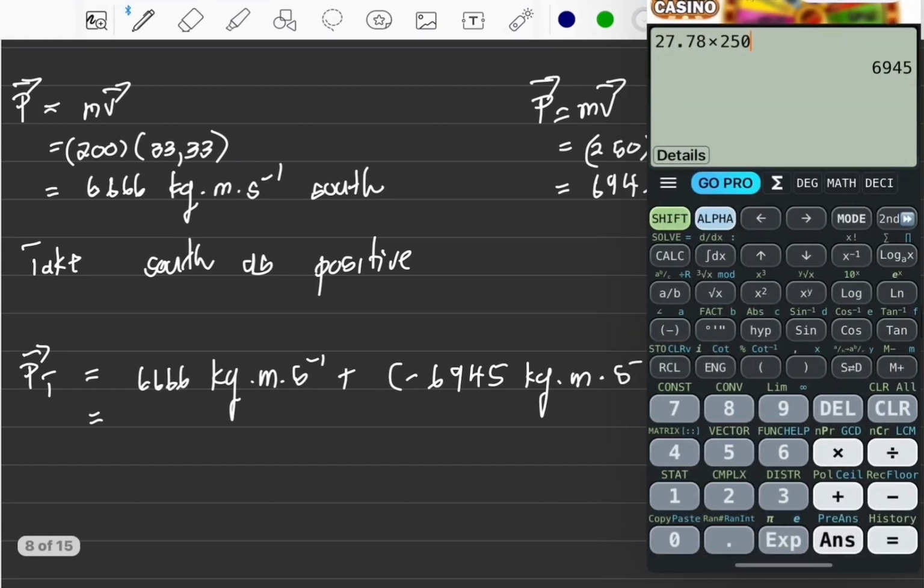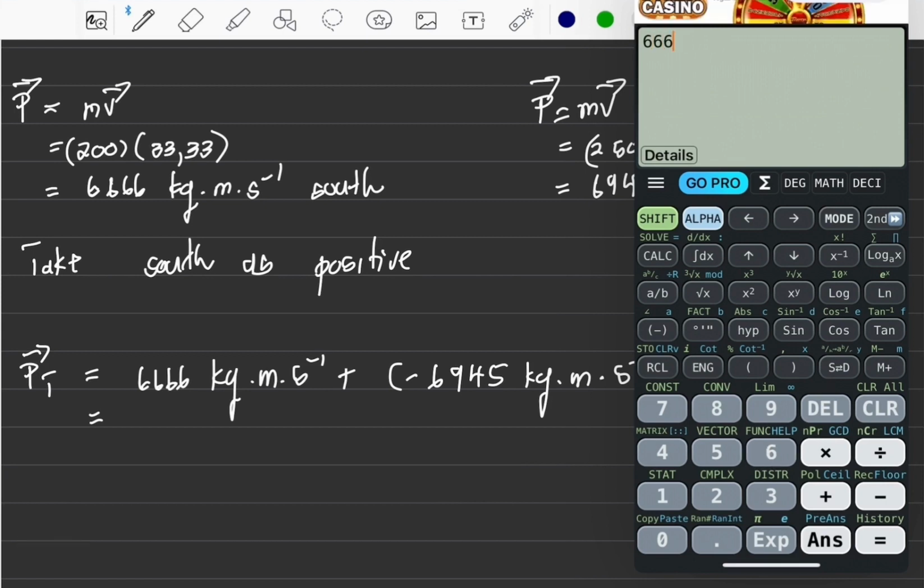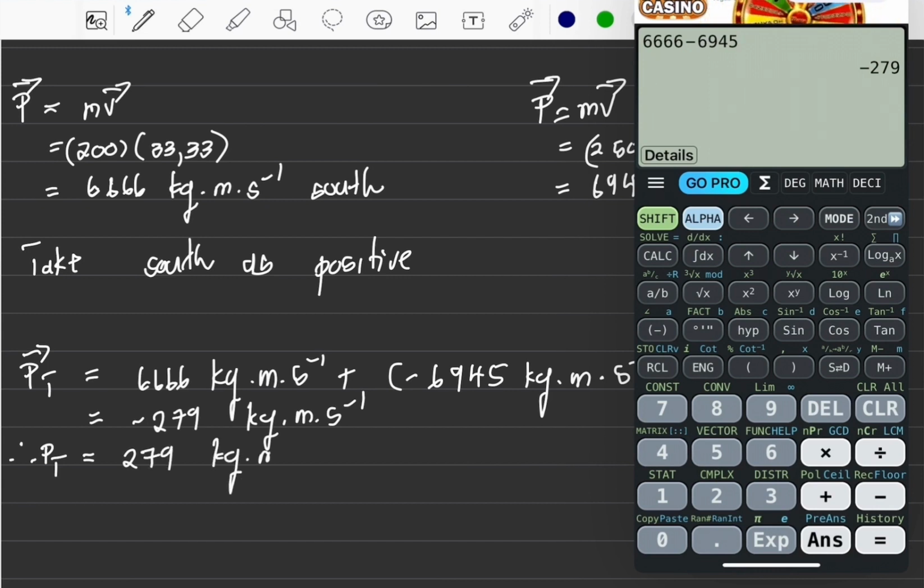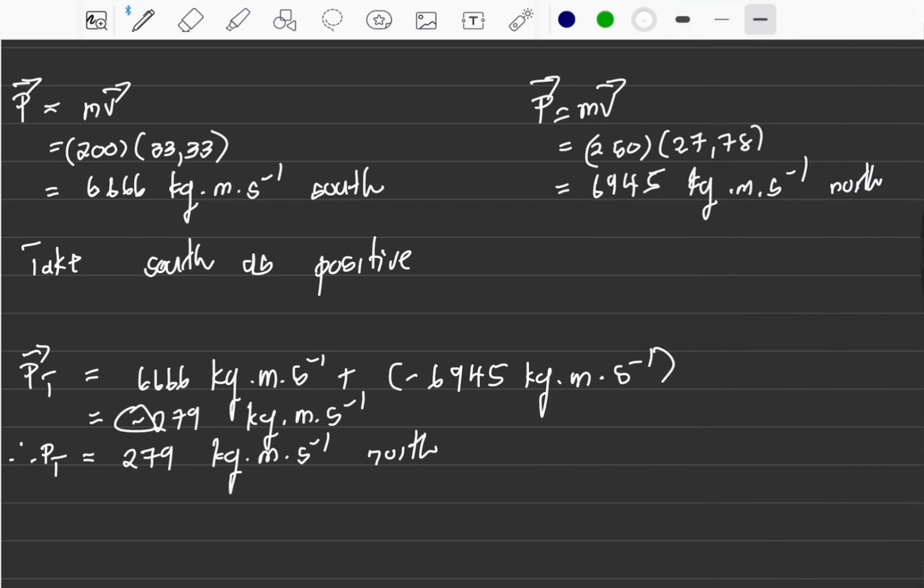Using our calculator, 6,666 minus 6,945 is equal to negative 279 kilograms meters per second. Therefore PT is equal to 279 kilograms meters per second north, because it's negative. And that's how you go about calculating the total momentum of a system.